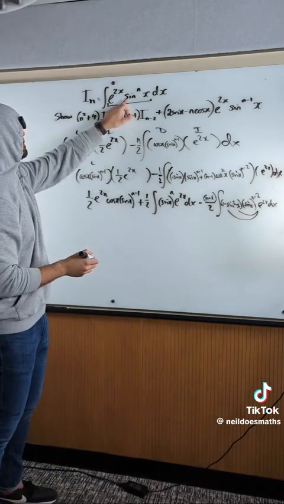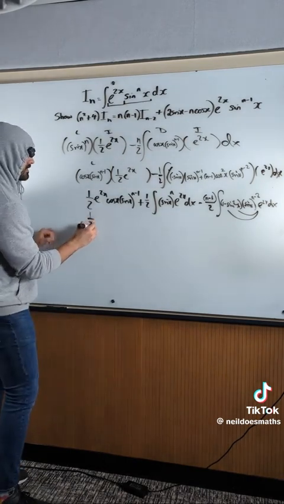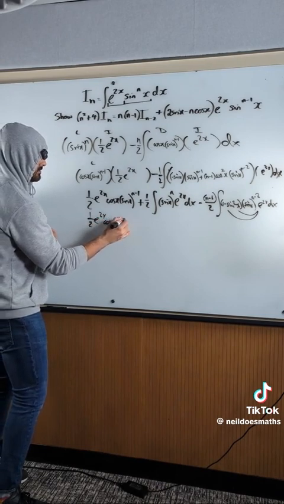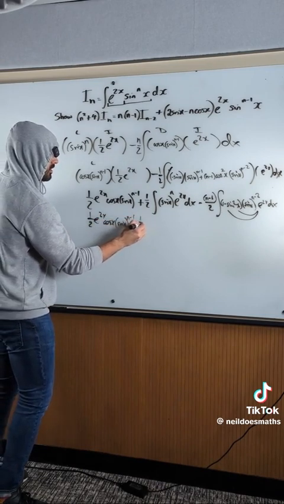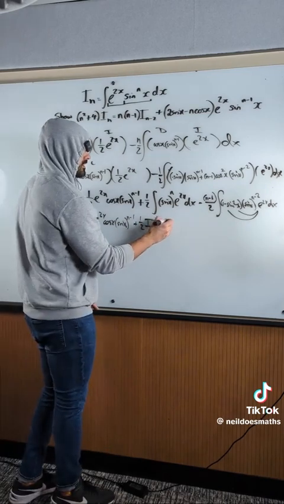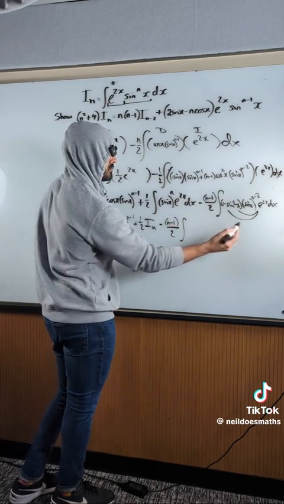This is Ian. So I have a half e to the power of 2x cos x sin x to the n minus 1 plus a half of Ian minus n minus 1 over 2 integral.